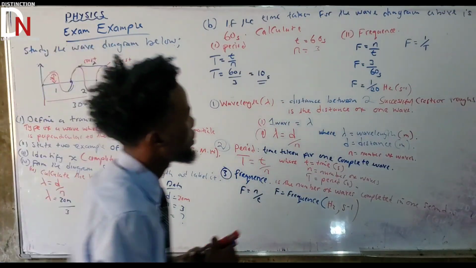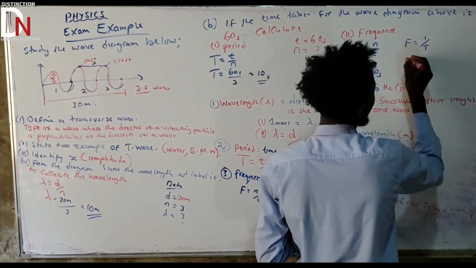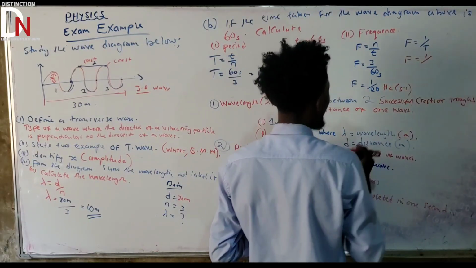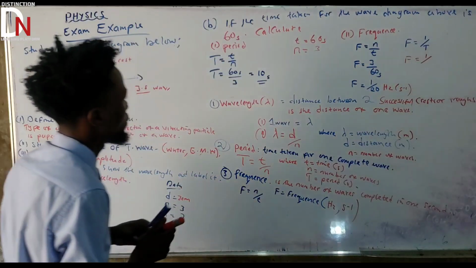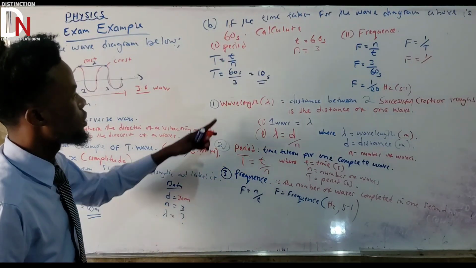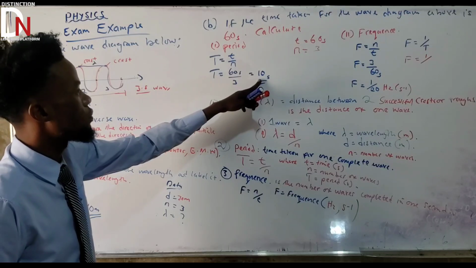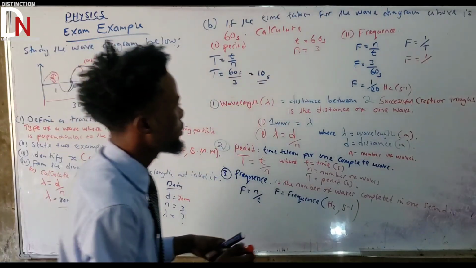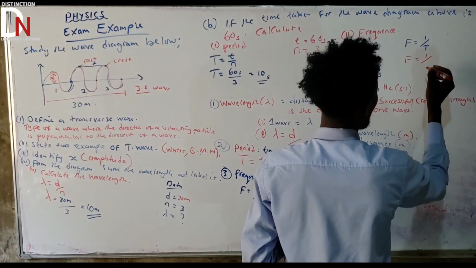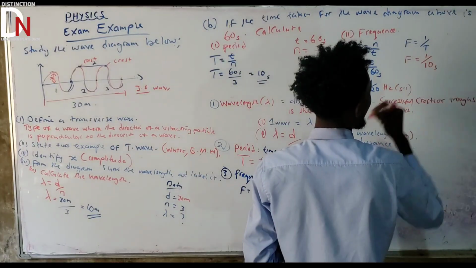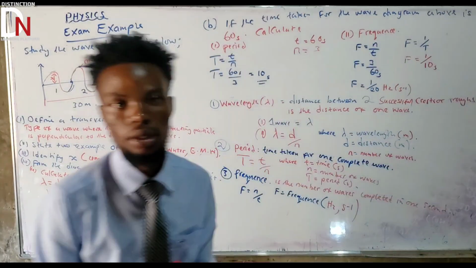So now frequency is nothing but equal to 1 over, then ask yourself, what is the period that we solved? The period that we solved is 60 over 3, which is 10. 10 what? Seconds. It's a mistake.